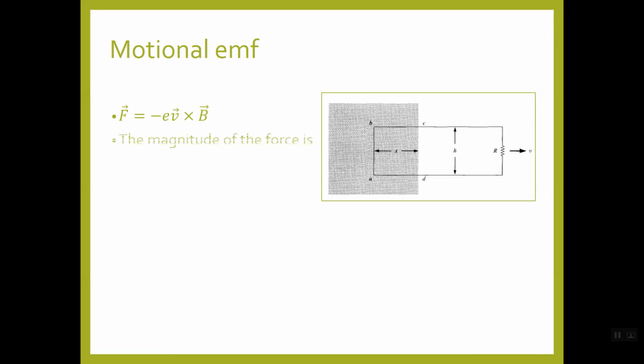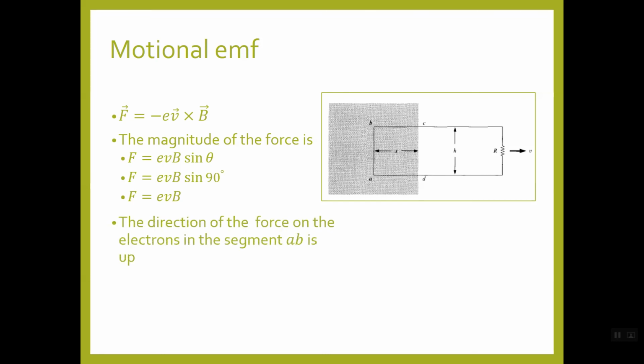In this situation, we can find the magnitude of this force, e v B sine theta. The electrons are moving in a plane perpendicular to the magnetic field, so theta is 90 degrees. So we just get e v B for the magnetic force on these electrons.